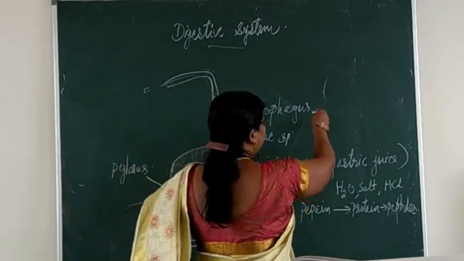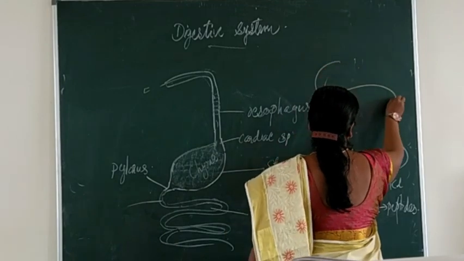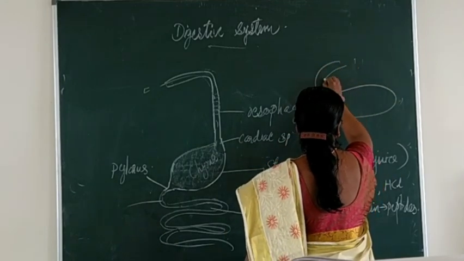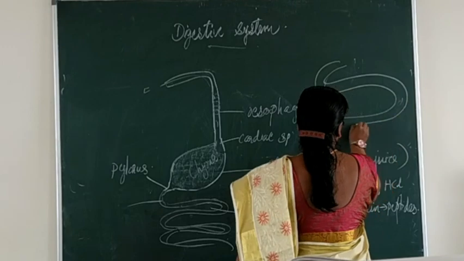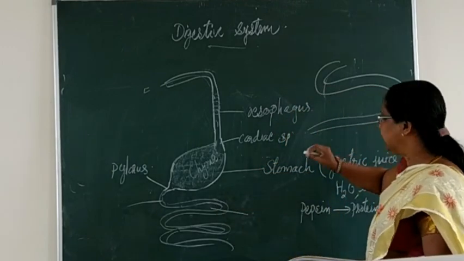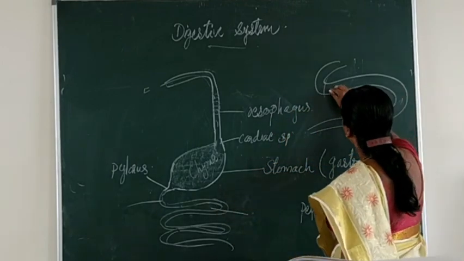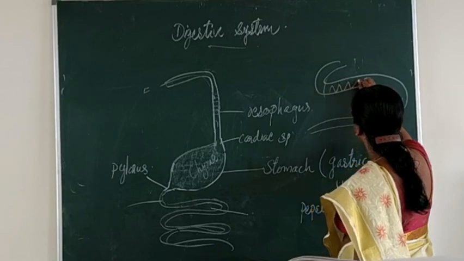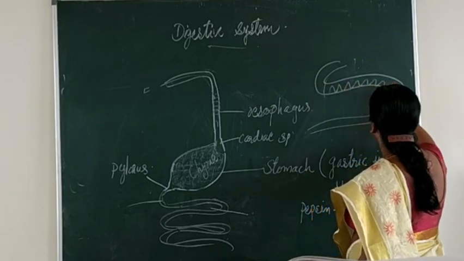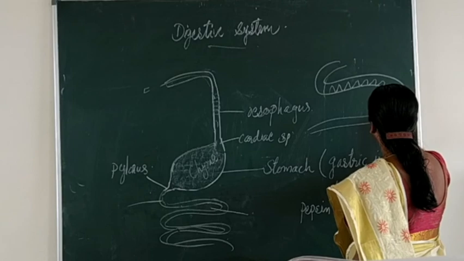So in the small intestine, if I am drawing here, suppose the small intestine is like this, and I am drawing the ileum region, the third region, and very small finger-like projections are present throughout this 4 meters length also.